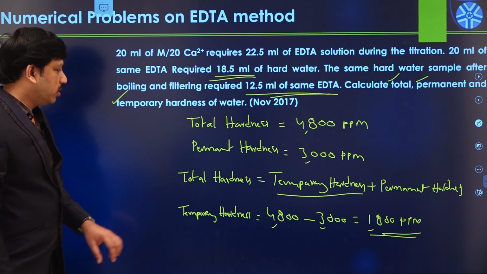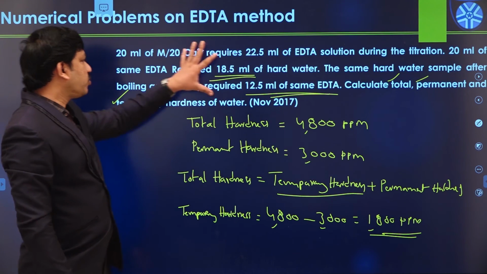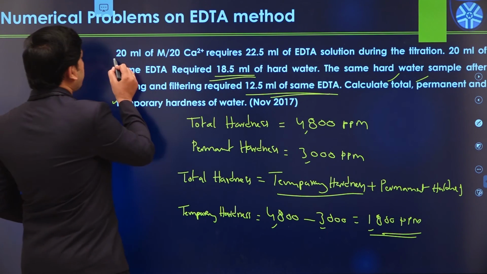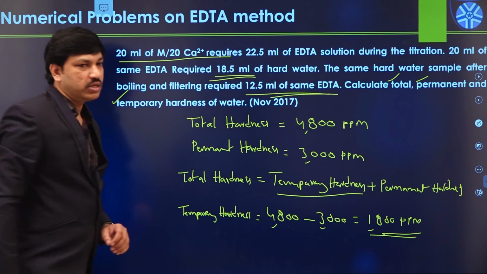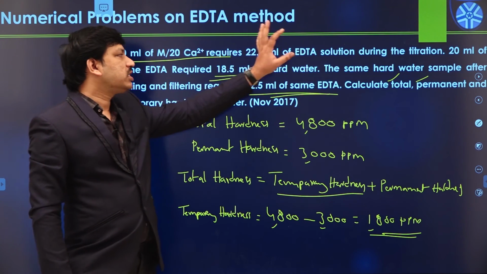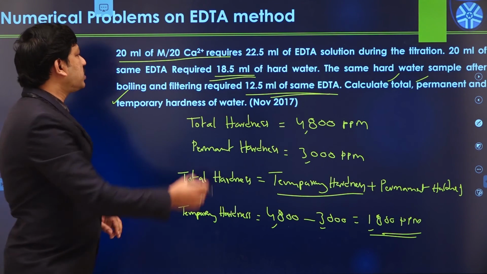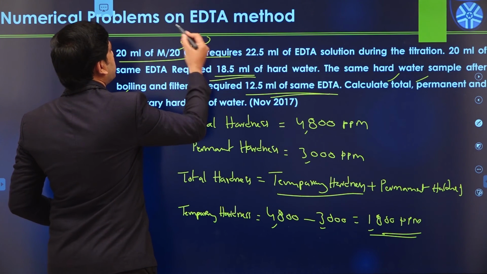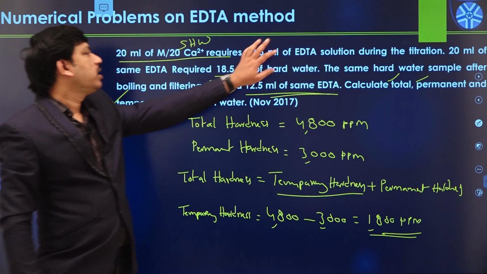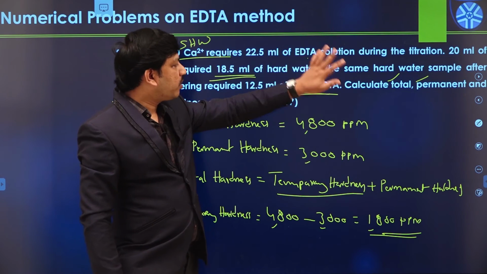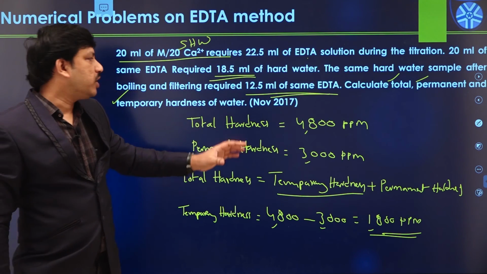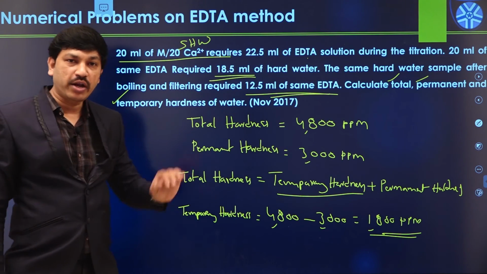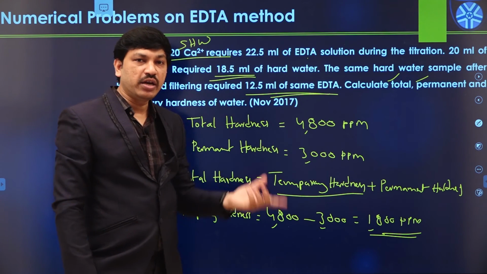So like this we can calculate the total hardness, permanent hardness and temporary hardness of a given water sample. In the examination they used to ask some questions like this. So we have to understand what the first statement they have given. First they standardized the given EDTA solution by using a standard hard water sample. Once we know the concentration of EDTA solution, we can go for the different titrations: before the boiling process one titration, after the boiling process another titration.